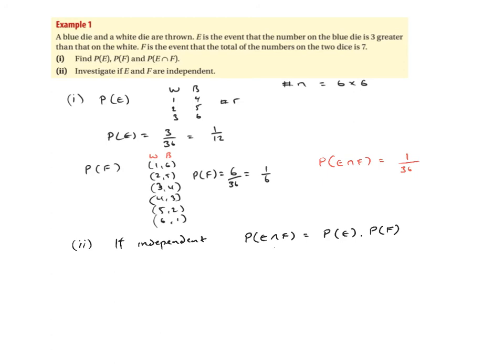So what we have here is 1 over 36 is equal to the probability of E, which is 1 over 12, multiplied by the probability of F, which is 1 over 6. And 1 over 36 is equal to, well, 1 times 1 is just 1, 12 times 6 is 72. You can see that this is certainly not the case, which implies that these are not independent. And it's as simple as that. Again, the hardest thing about these is getting the intersections and getting the probabilities right in the first place.